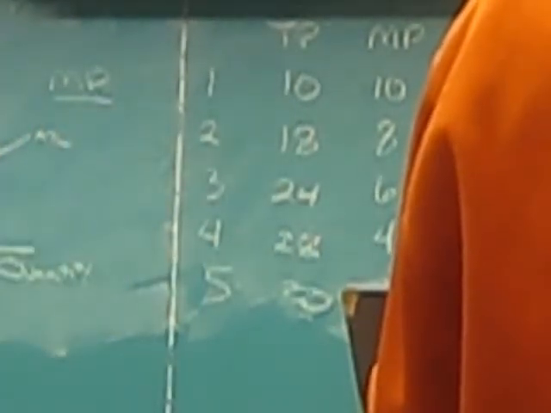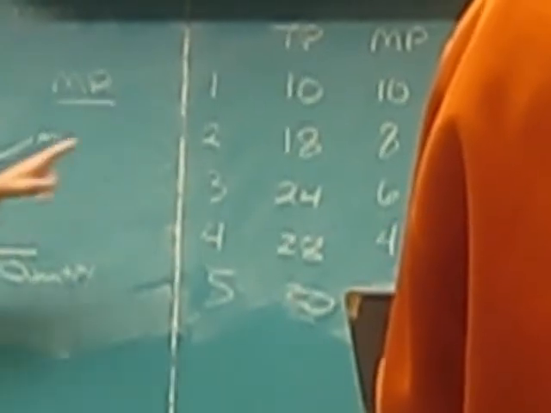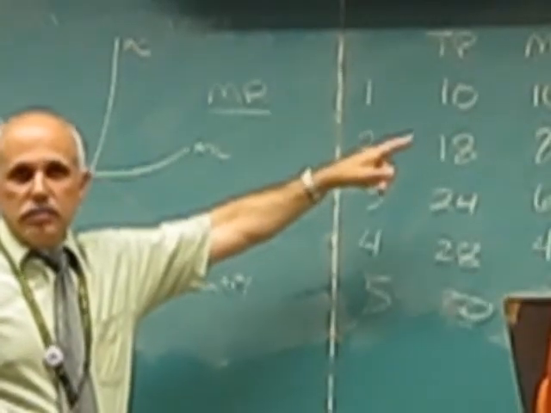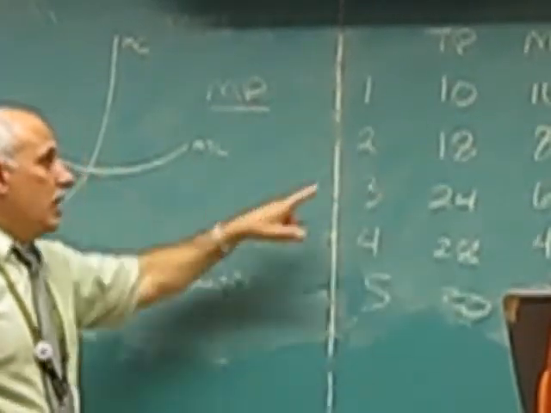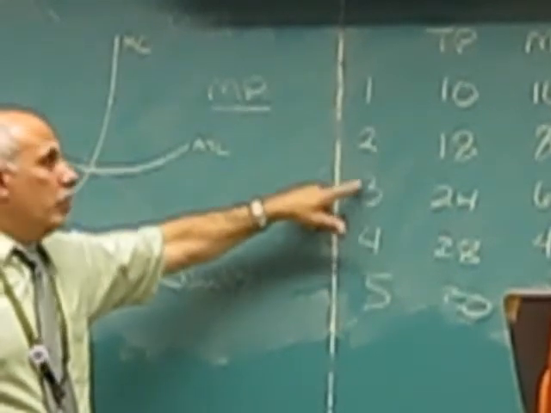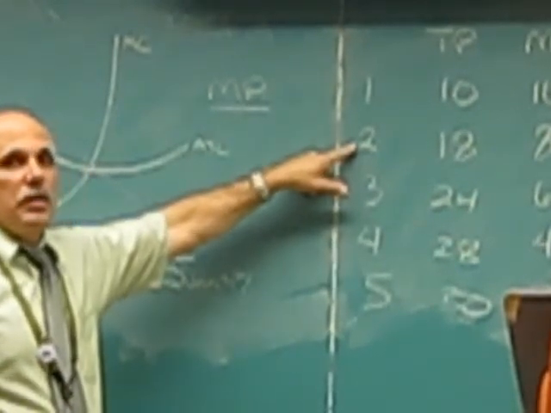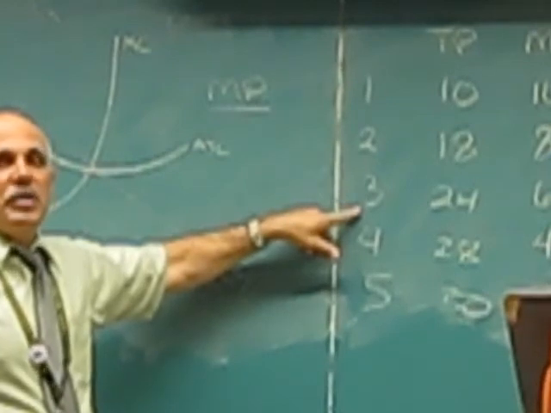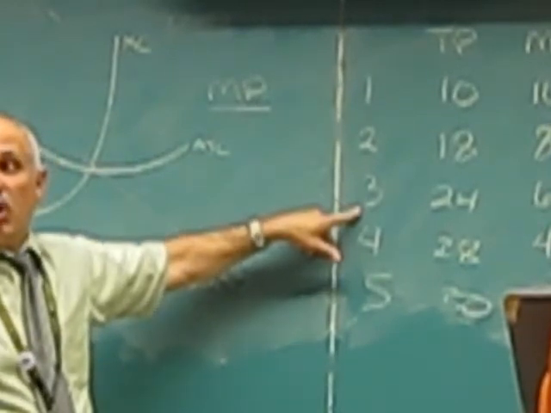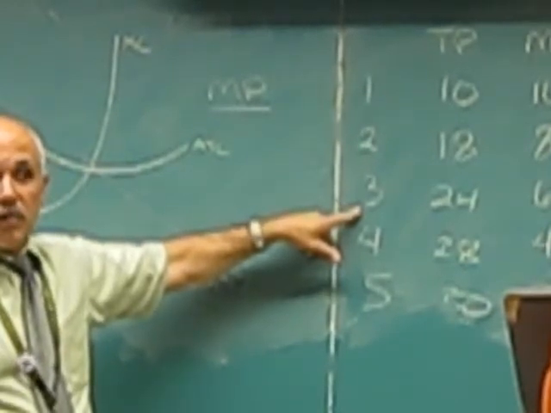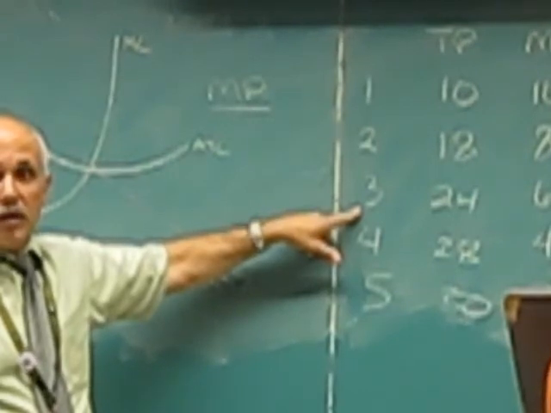Because this is going down, this is going up. What makes this go up is this goes down. Because I'm paying the same for the 3rd worker as I'm paying for the 2nd, but the 3rd worker is only giving me 6 units. Therefore, those units are more expensive, so the marginal cost is going up.